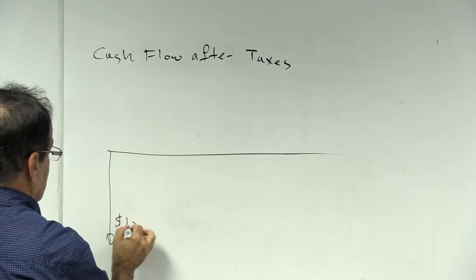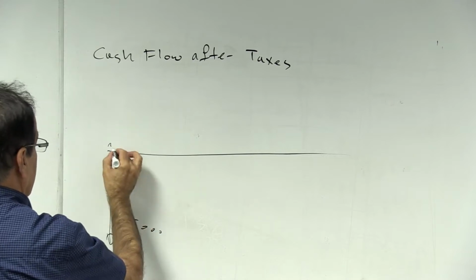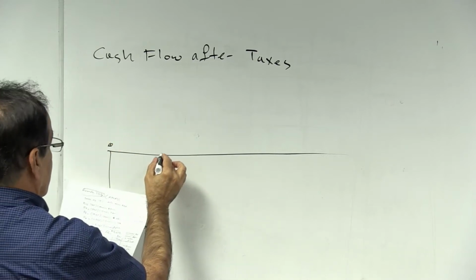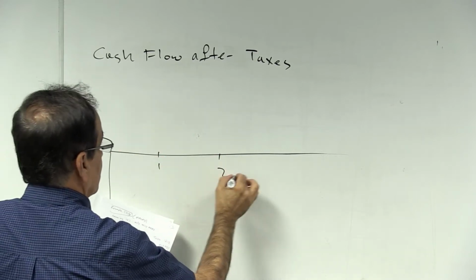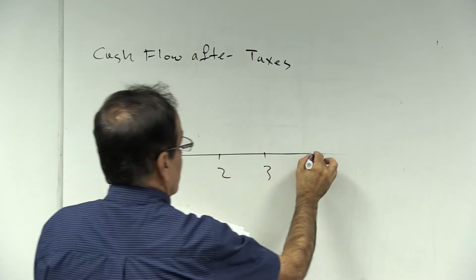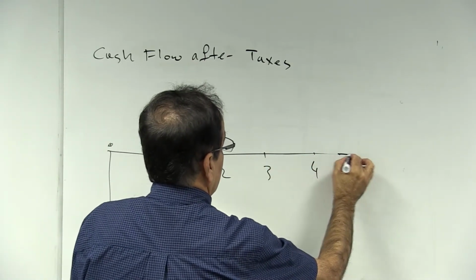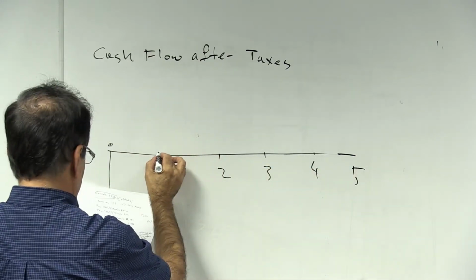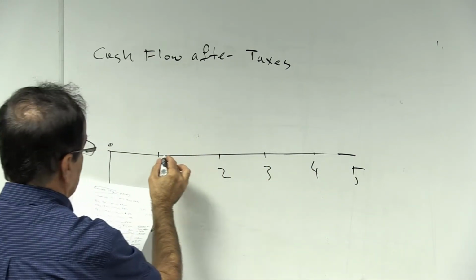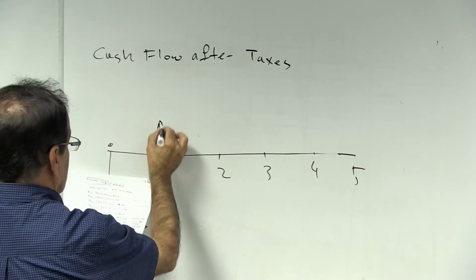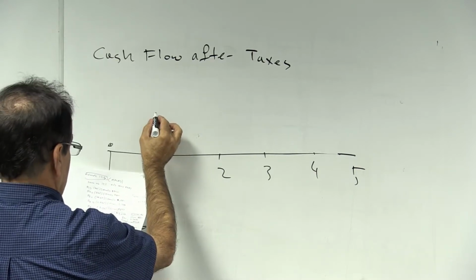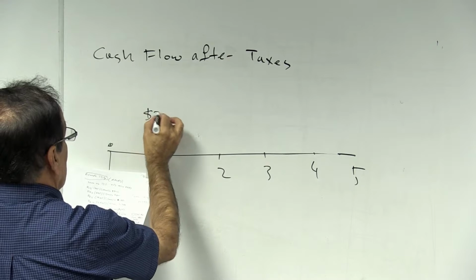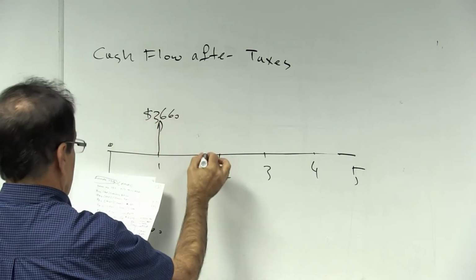That's not going to change as before. Then year 1, 2, 3, 4, and 5. So again, in this case, you will see that it's not going to be uniform or any pattern. So it's going to be different. So it's going to be 3,660.